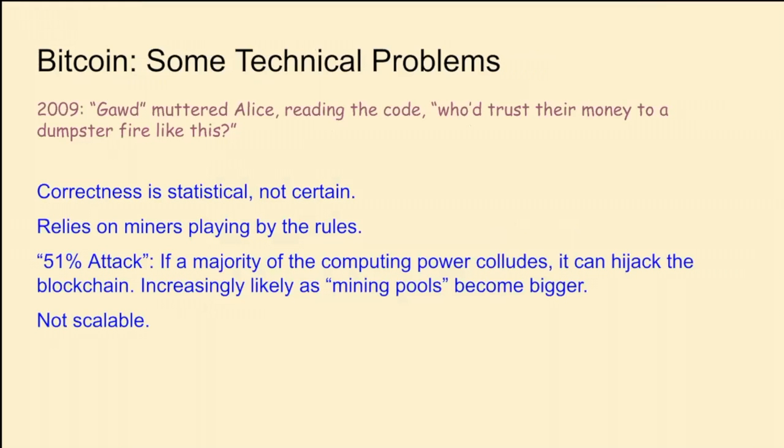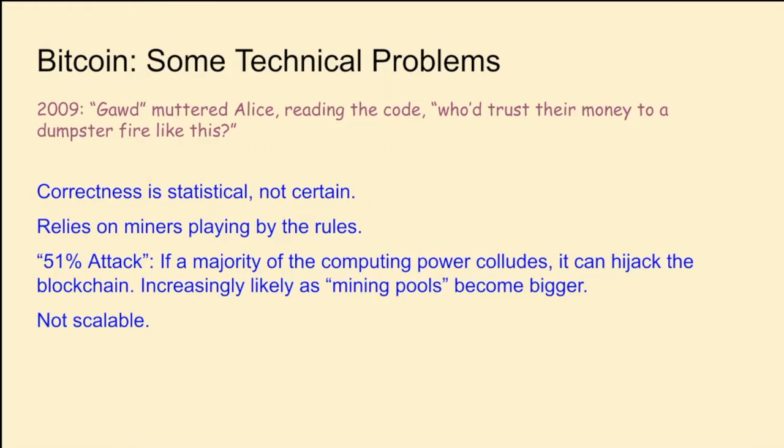And that is, by and large, the technical foundations for Bitcoin. I want to point out some technical problems that this raises, because I think there are actually quite a few of them.